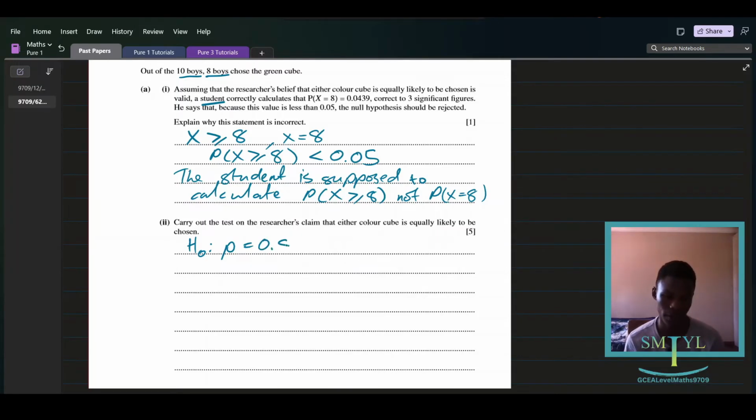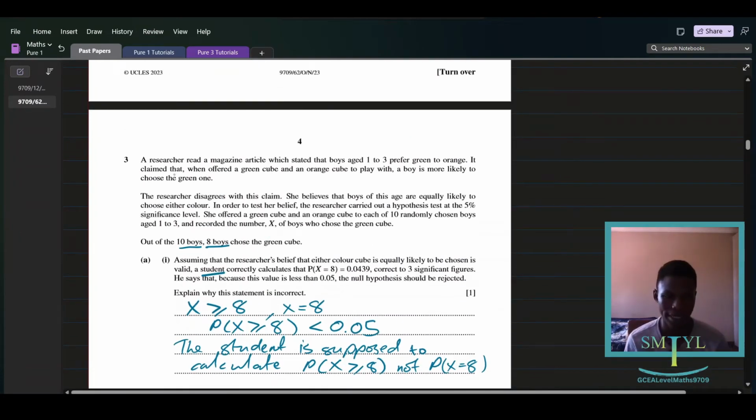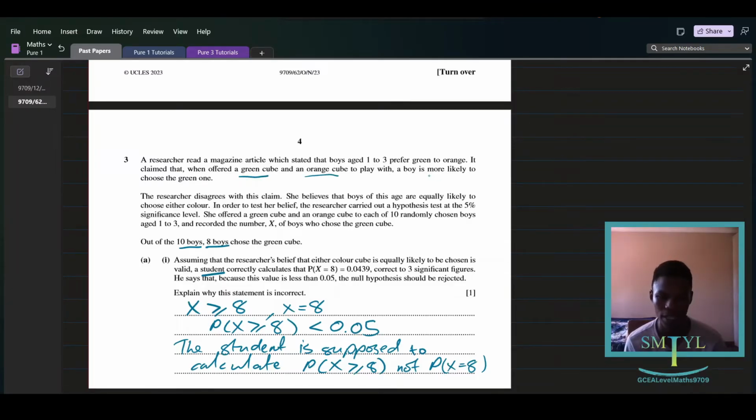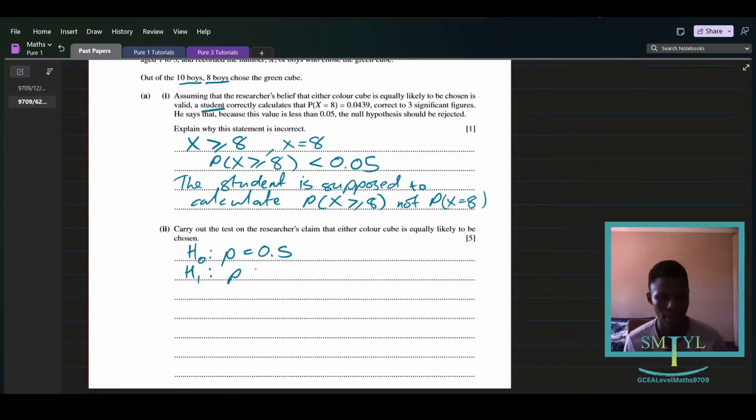So that's 0.5. And then H1, we are told that, let's go to the stem of the question. It claimed that when offered a green cube and an orange cube to play with, the boy is more likely to choose the green one. So this means that this is an upper tail test. They're saying that the probability of picking a green cube is greater than 0.5. So that would be our alternative hypothesis.